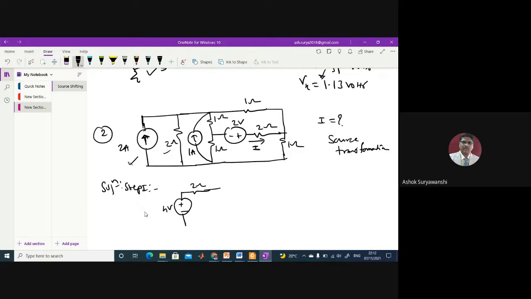Then you can see another current source is here, between, suppose, terminals A and B.